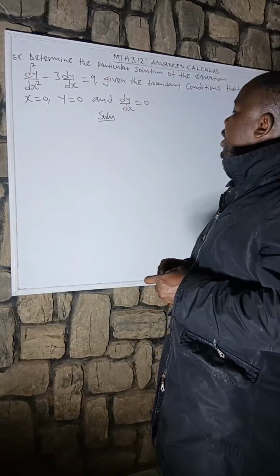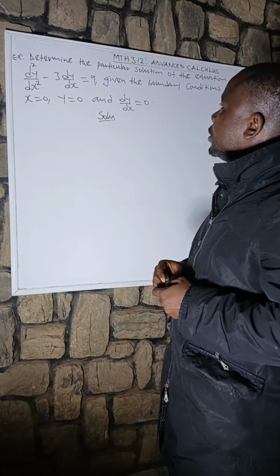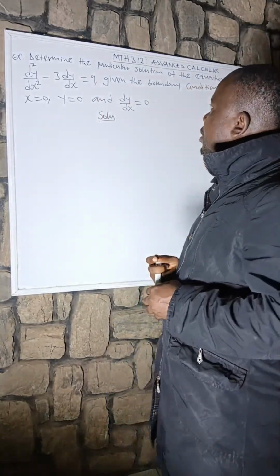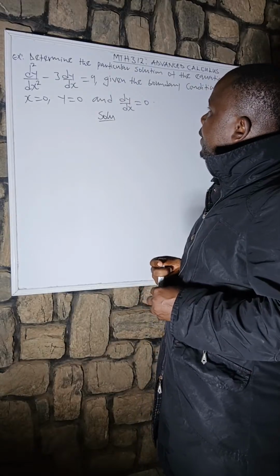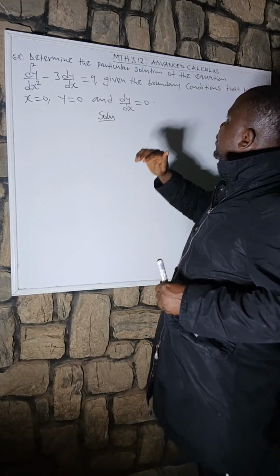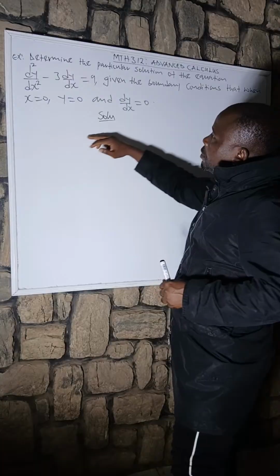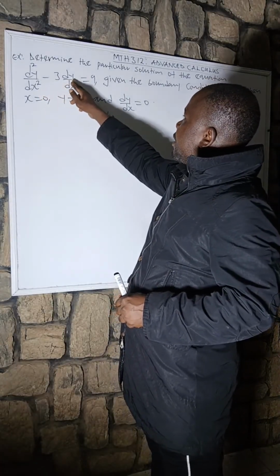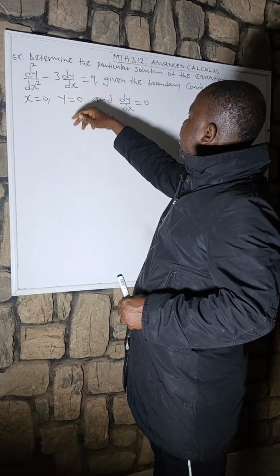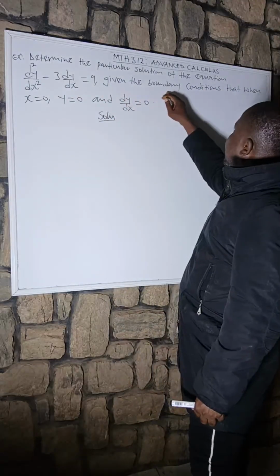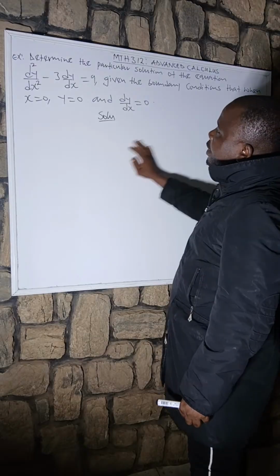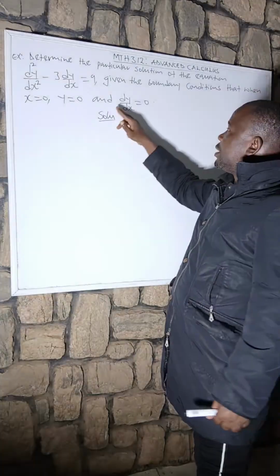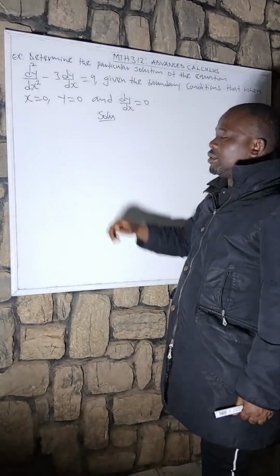I will be looking at this particular problem. The problem says: determine the particular solution of the equation d squared y over dx squared minus 3 dy over dx equals 9, given the boundary conditions that when x equals 0, y equals 0 and dy over dx equals 0.